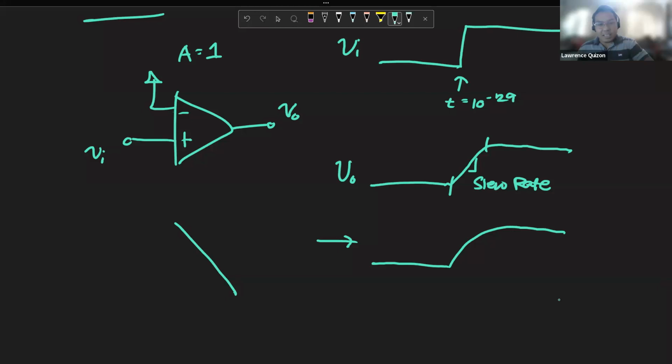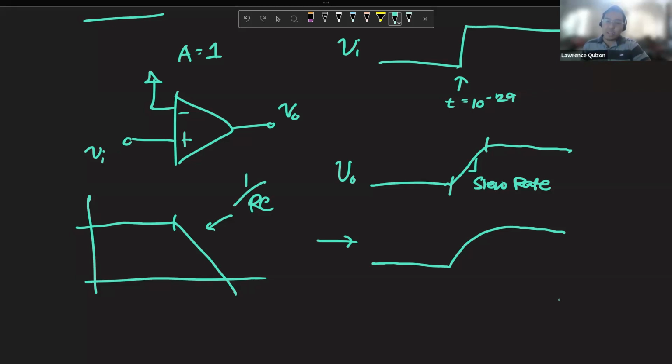E di ba sabi natin kanina, the frequency response of the op-amp is kind of like this. You know what else is this? That's the step response of an RC circuit, no? Where the bandwidth frequency is 1 over RC, no? So essentially, the reason for the slew rate is because of the non-infinite bandwidth, no?